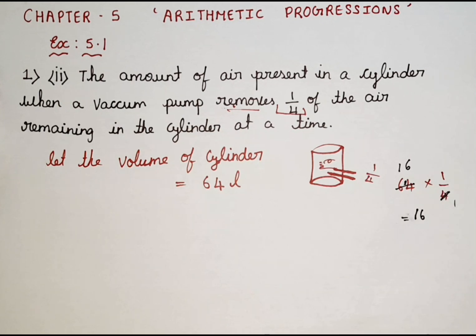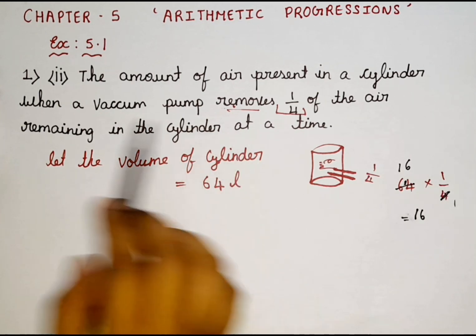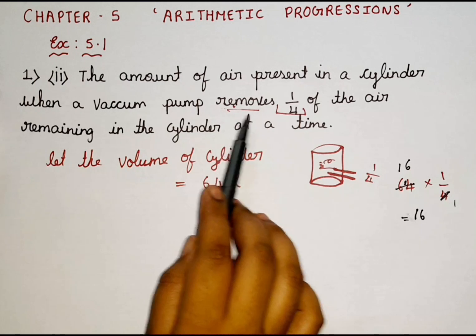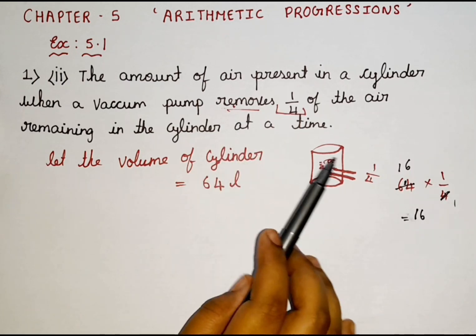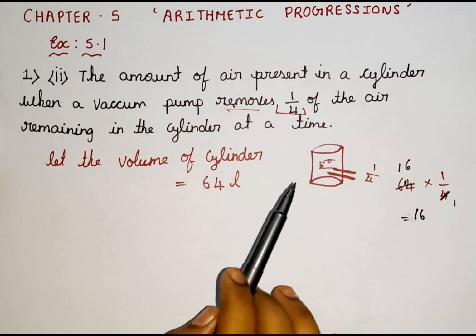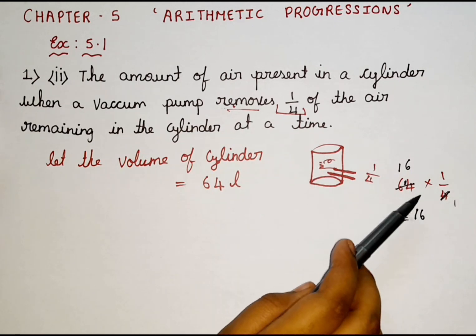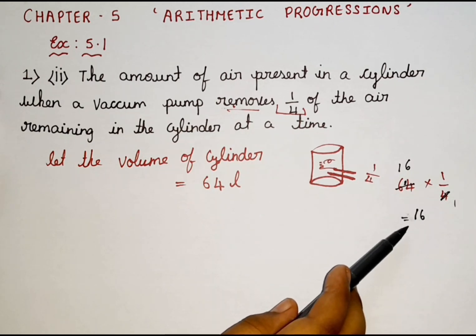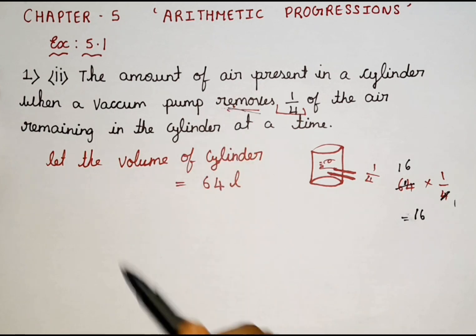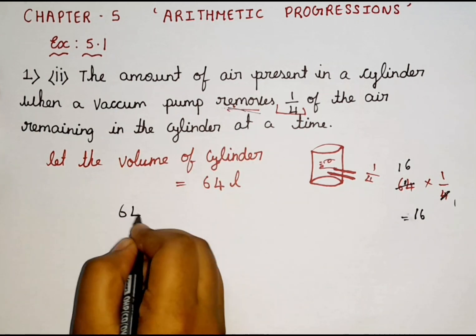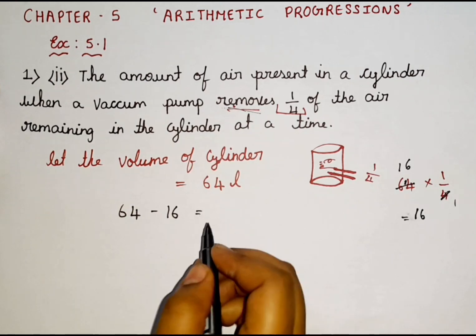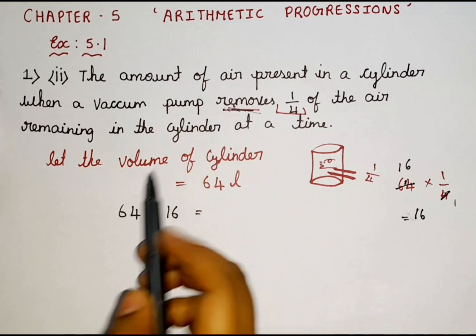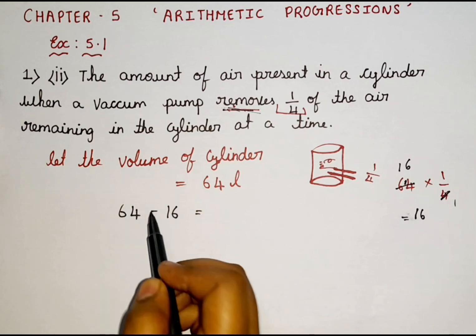Because according to the question, they told that when a vacuum pump removes 1/4, there are 64 liter volume present in the cylinder. So 64 into 1/4 we got as 16. Since they are removing, we can write 64 minus 16. There is a reason why, because removing means minus.